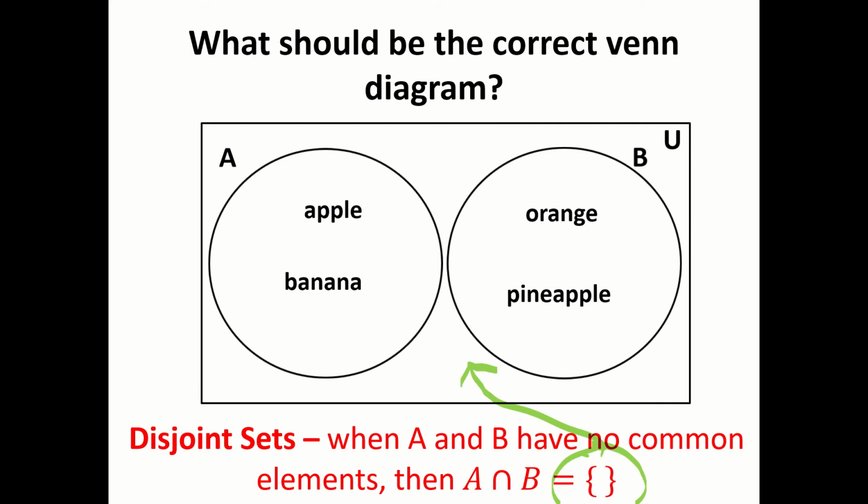So just remember, if the two sets given to you don't have any intersection at all, therefore it's empty, meaning they are so-called disjoint sets. And in a Venn diagram, the two circles should not overlap with each other as an indicator that they don't have anything in common.